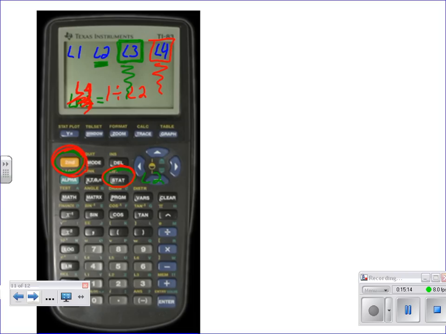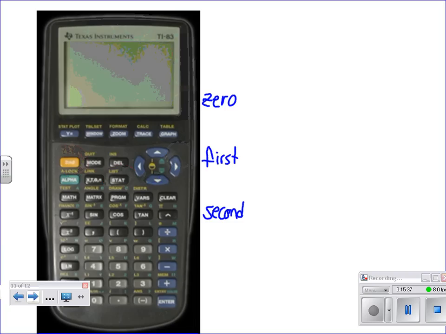So let's see how I can write this. You are going to have a zero order, a first, and a second that you're going to be comparing, because you've got all that data in your calculator now. At this point, you go up to your stat button, and now you scroll over to calculate.